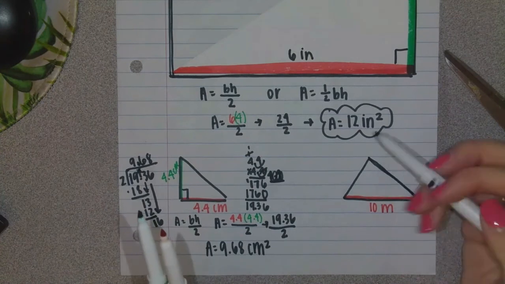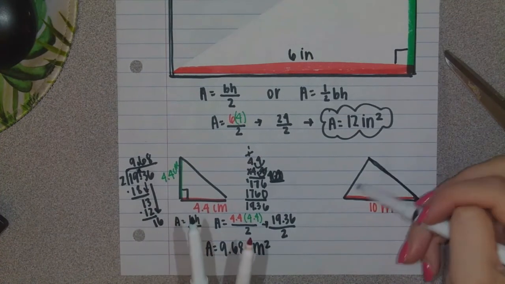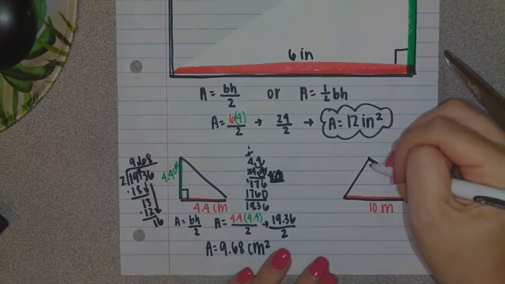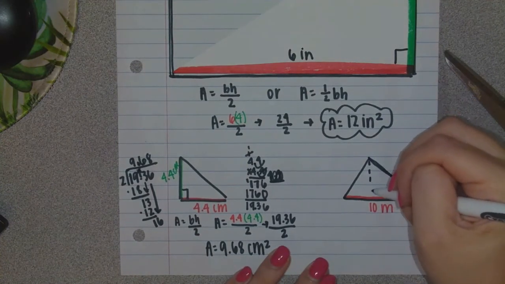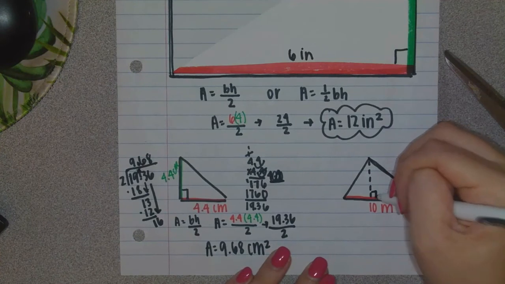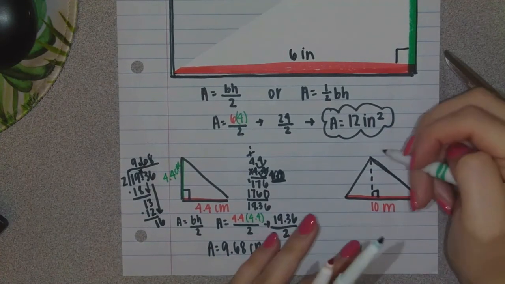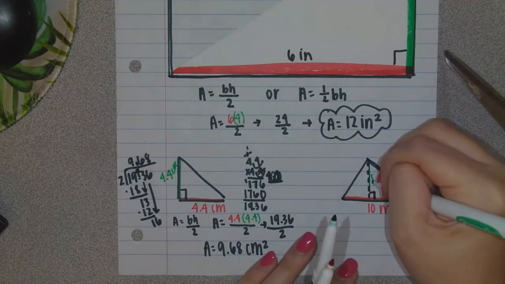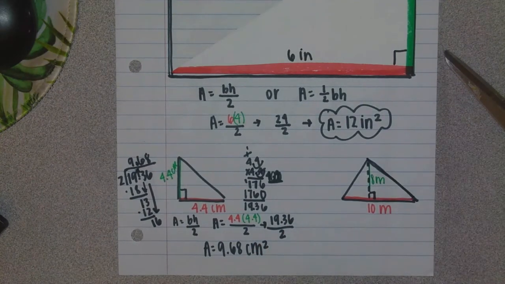Now, my height cannot be either one of these lines here because they are leaning over. They do not make a right angle. So my height is actually going to be on the inside of my triangle because it's going to form that right angle. And I'm going to say that my height here is 8 meters.